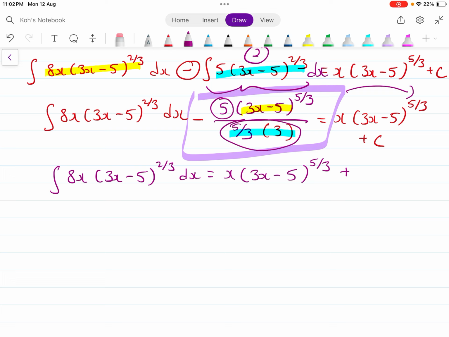So this will give you (3x − 5)^(5/3), then put plus c. Okay, then we are almost there already.